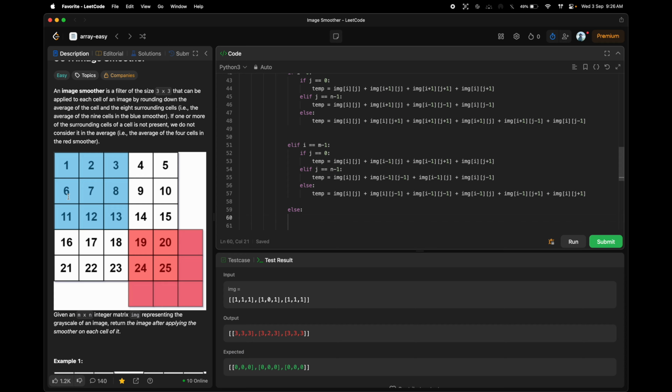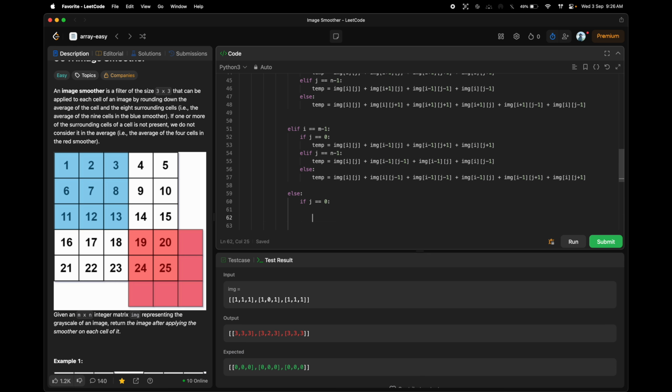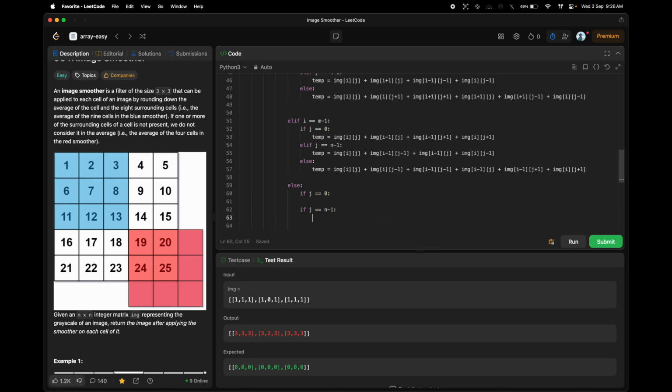Now for this I can check if j is 0, or if j equal to n minus 1. If j equal to 0 or j equal to n minus 1, then I know the corners.